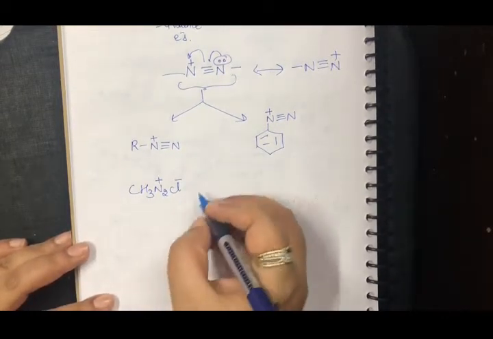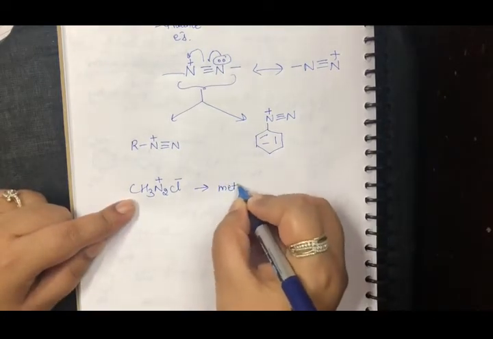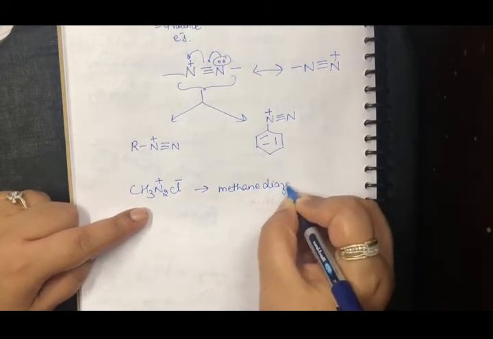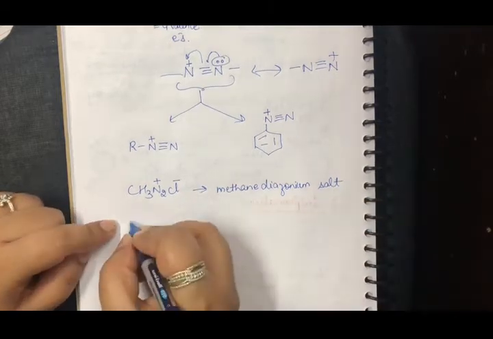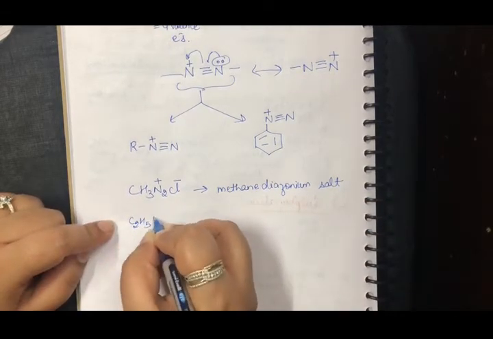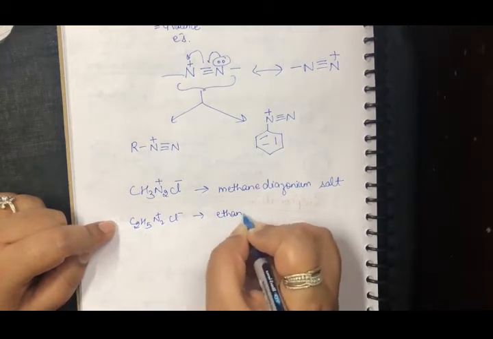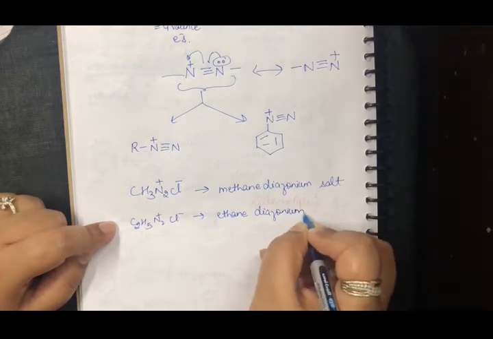So now if I begin with the simplest of the salts that we can get from the diazonium structure, it is this. Now, how do you write the name? There is one carbon, so I will call it methane, and the rest I'll add diazonium salt. If it is C2H5N2+Cl-, I will call it ethane diazonium salt.